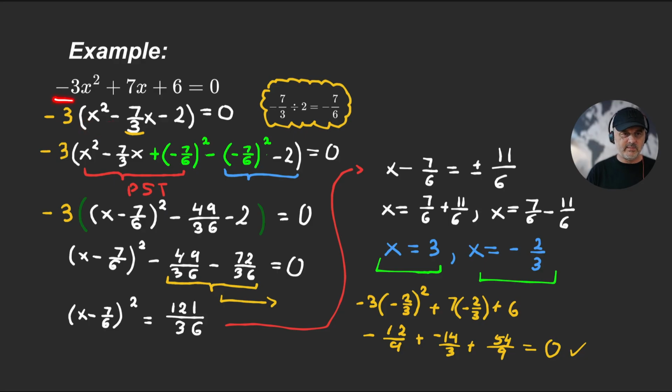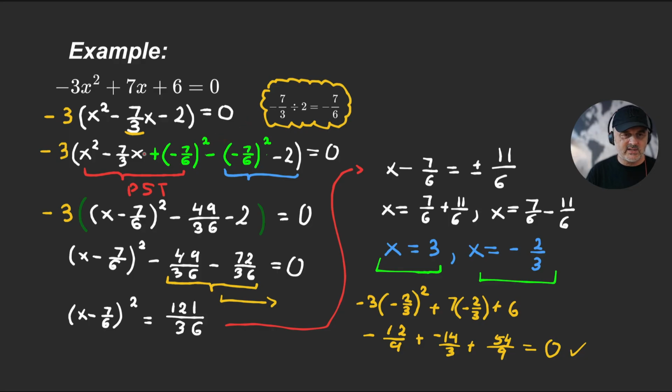So divide everything by negative 3, beautiful, and account for the change of sign. Then we're going to divide that new factor, negative 7 over 3, by 2. It shows right here. So this is the middle term, the perfect square trinomial connection.